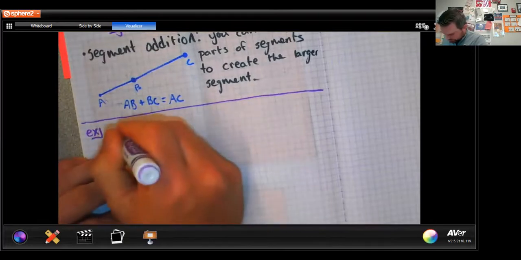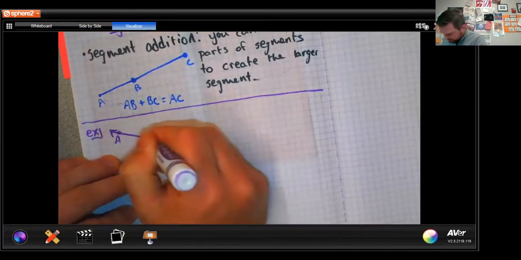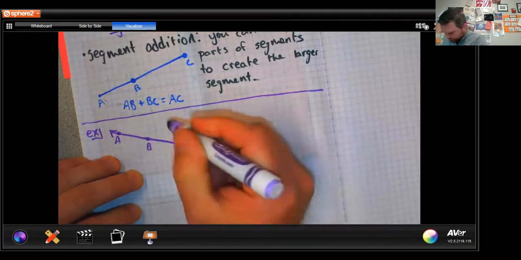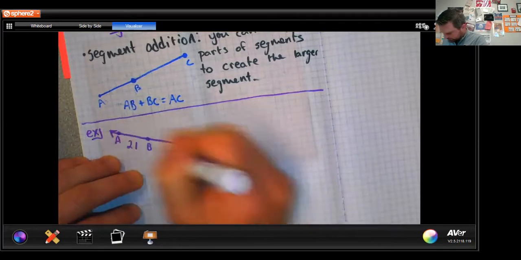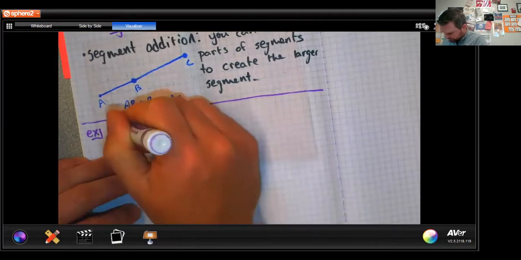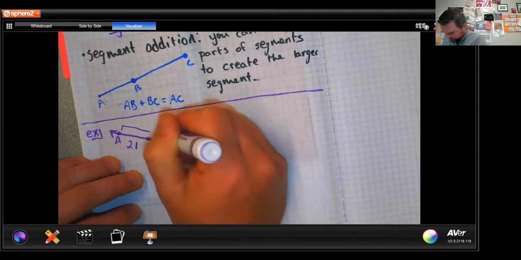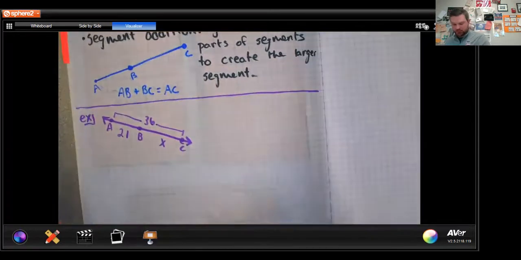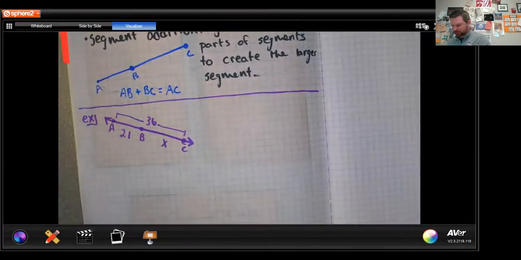I got points A, B, and C. This one is 21, this one is X, and then the whole thing is 36. So the whole thing there is 36, and you need to find out what X is.